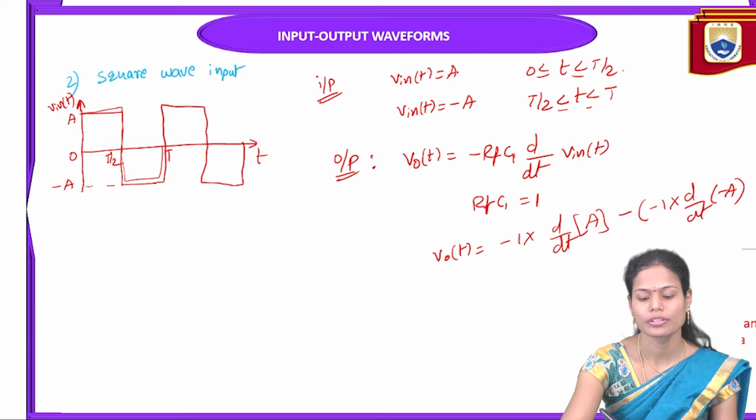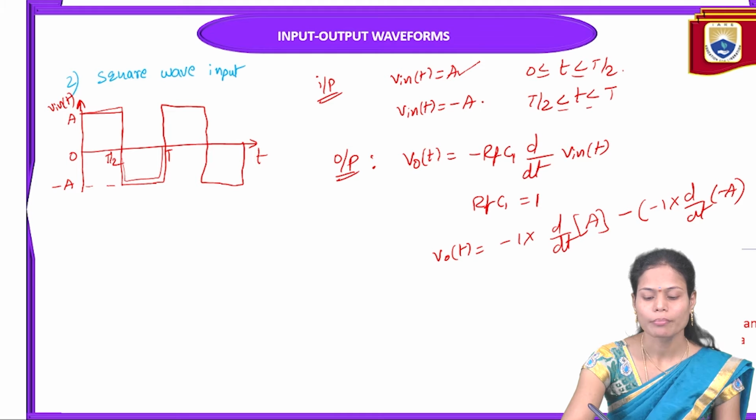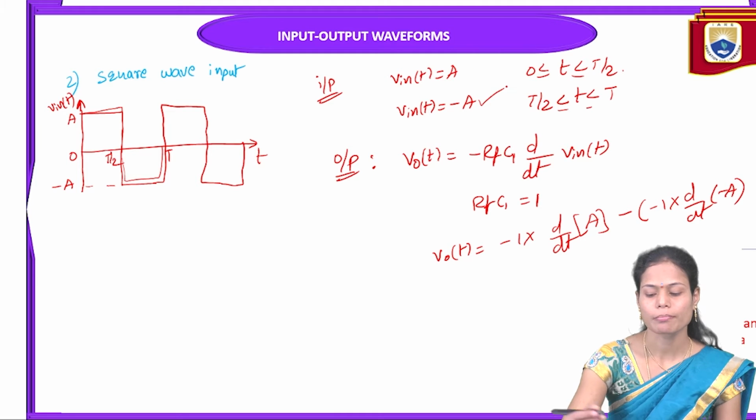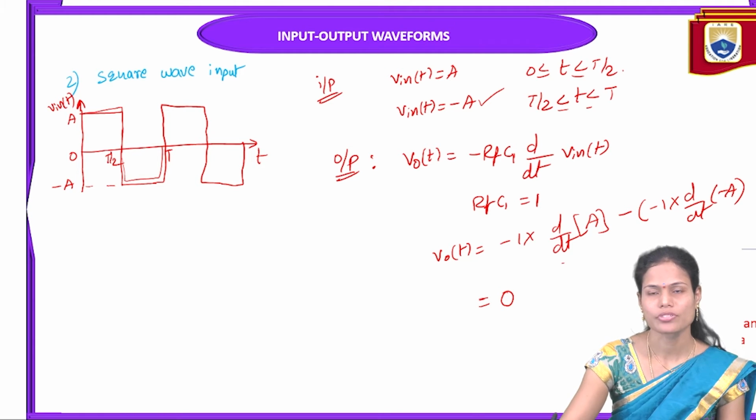Within the 0 to T by 2 duration it is A, and from T by 2 to T duration it is minus A. If we substitute the two values, differentiation of a constant is 0. So that's why we are getting the value 0 on the positive as well as the negative side.